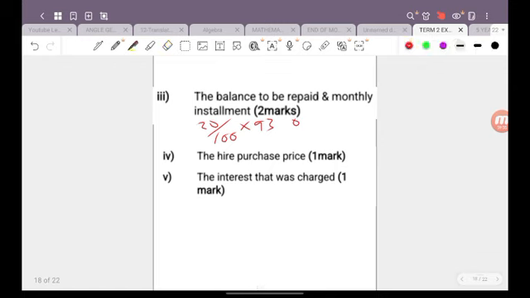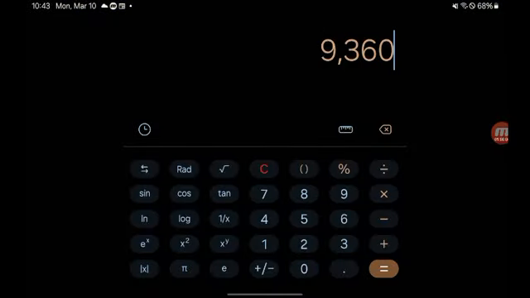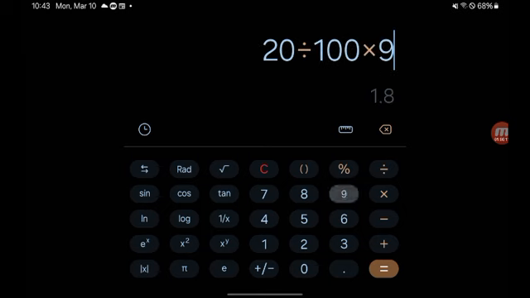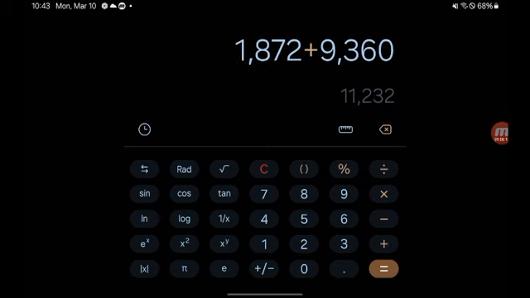All right, so if you go on our calculator then, pardon me, I'm a little tired guys, but I'm pushing through to make this video a possibility for you. So 20% divided by 100 multiplied by 9,360, and then we're going to add that back to 9,360 because that is the interest.